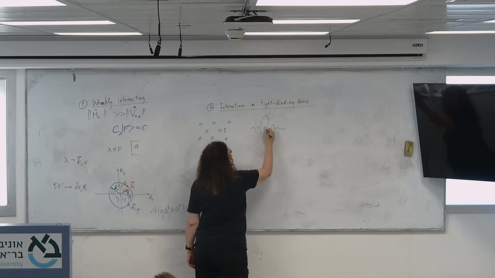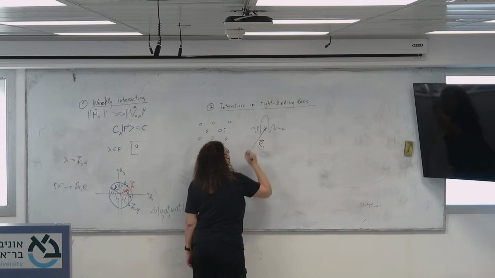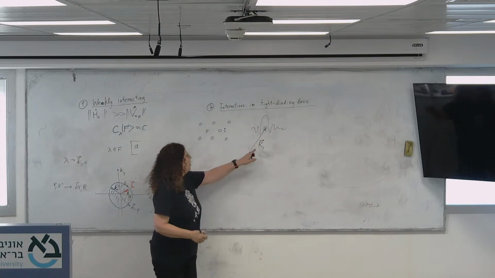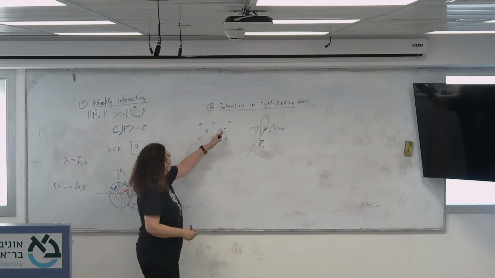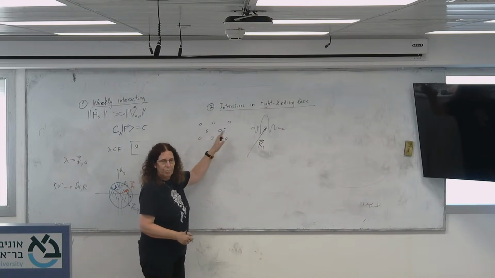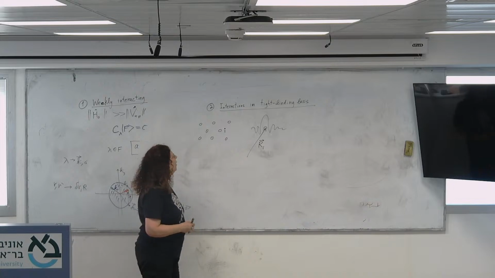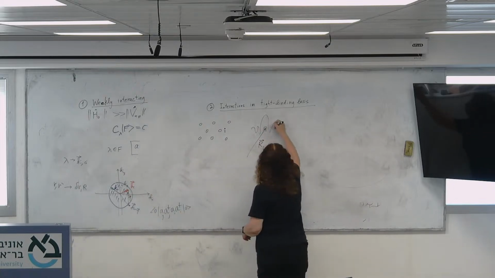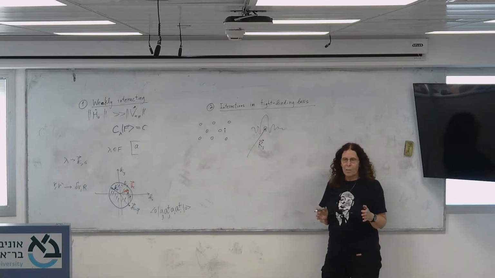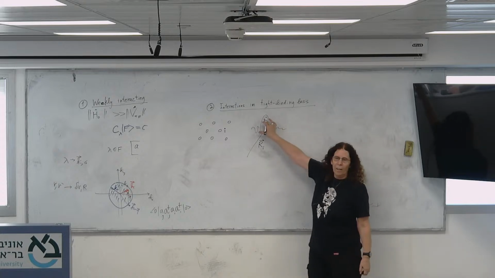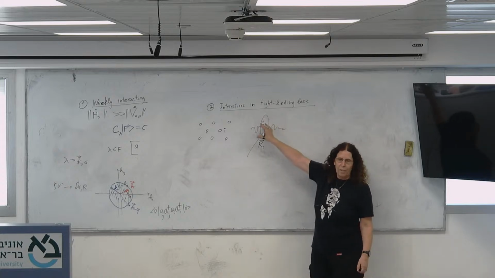The lattice sites are located at positions Ri that are ordered in a very ordered array, and the wave function is localized near the atom, near the lattice site.